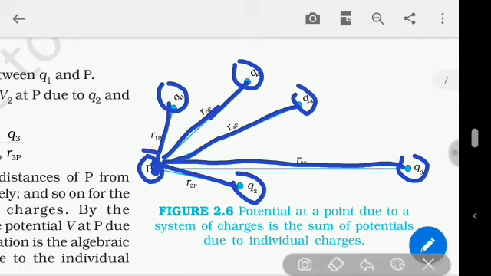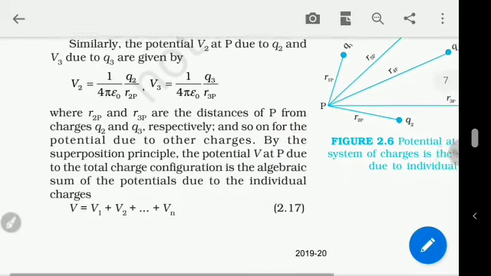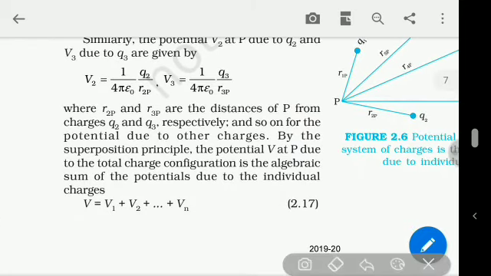And then after finding the individual potentials, we will add them according to the principle of superposition, and so we can get the resultant potential at point P due to such a system of charges.